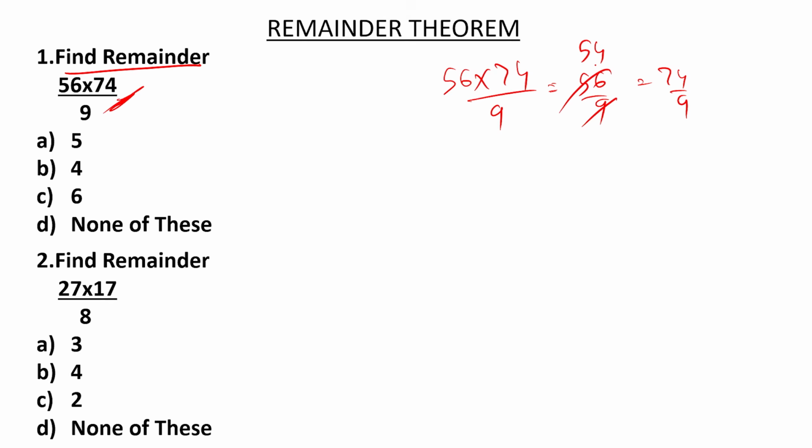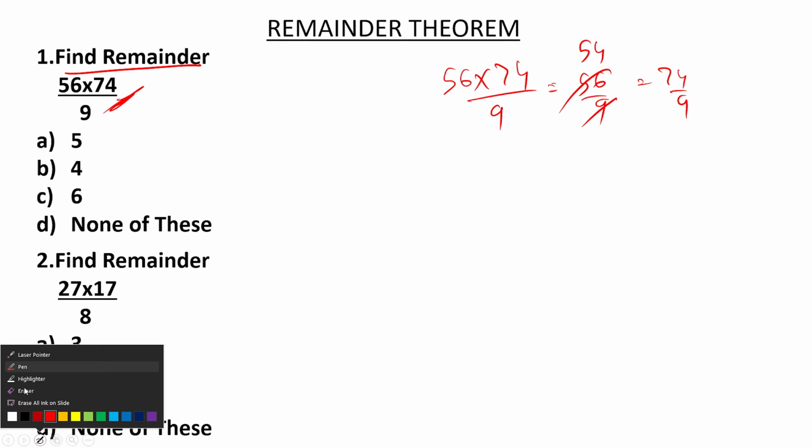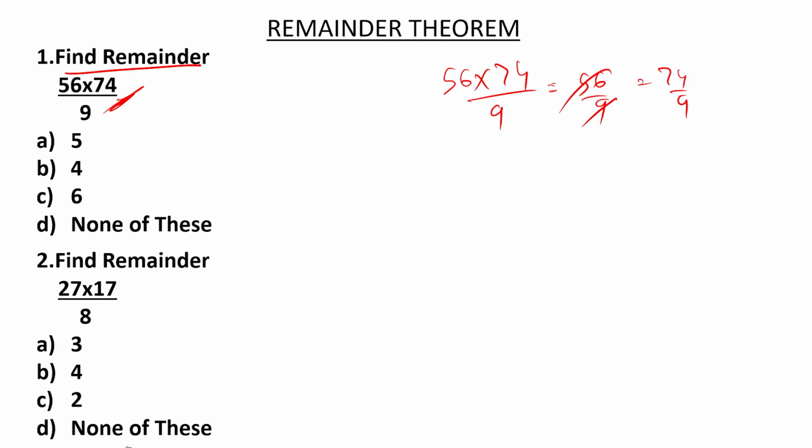So here, 54, right? How much remainder did we get? The remainder we got is 2, right? Since 54, 2 remains, so here the remainder is 2.